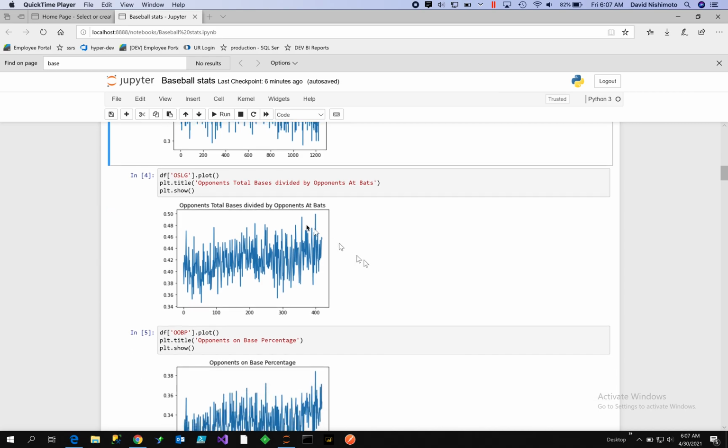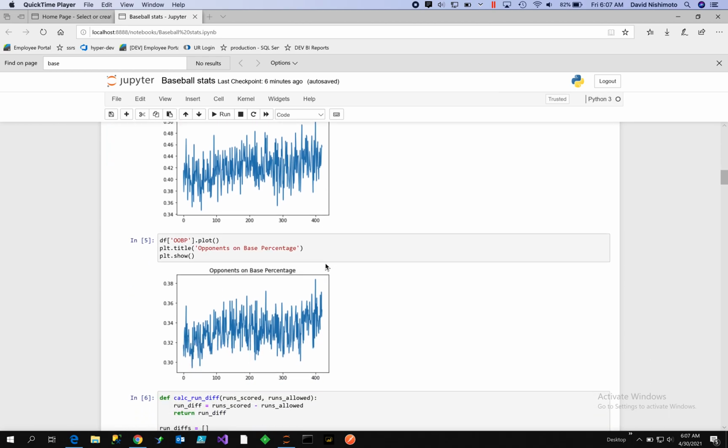Okay, so then we plot it, and then opponents' total bases divided by opponents' at bats. And so that's the OSLG, opponents' slugging. What they're looking at there is how many times the opponent gets out into the field and they're at bat, or they're on bases.